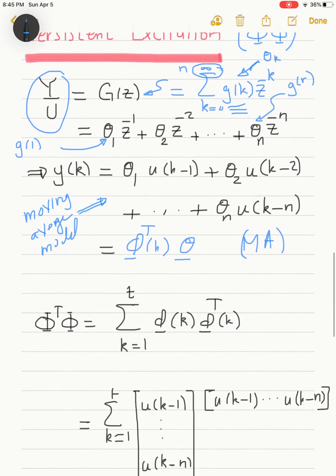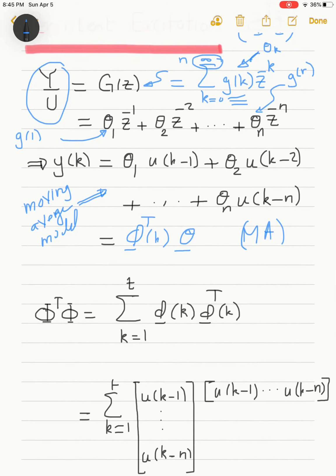Okay, so if we do that, we can calculate the product phi transpose phi as we agreed before, the columns phi of k times the row vectors phi transpose. In that case, the vector phi would be composed of the values of u from k minus 1 up to k minus n, where n is the number of the parameters to be estimated, and the row vector would be just the transpose of that.